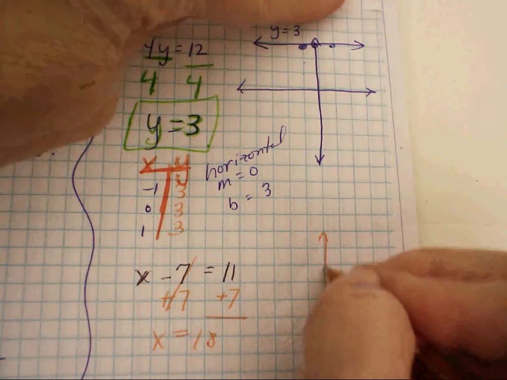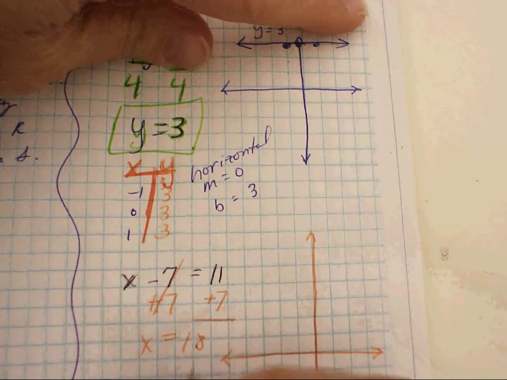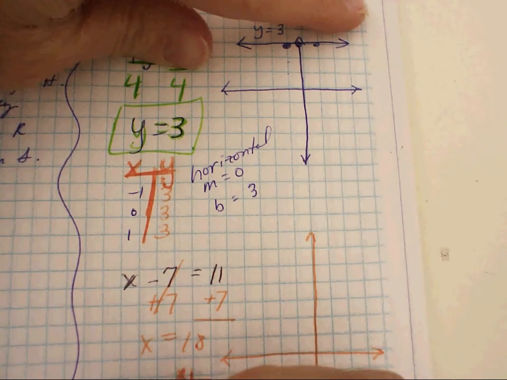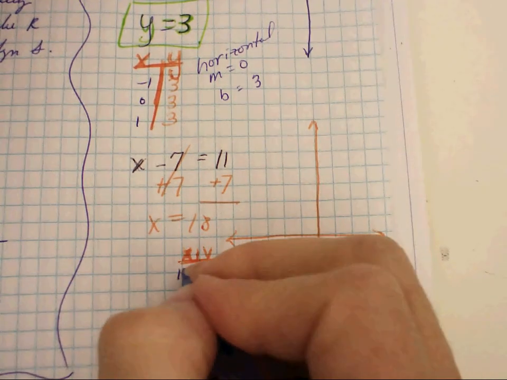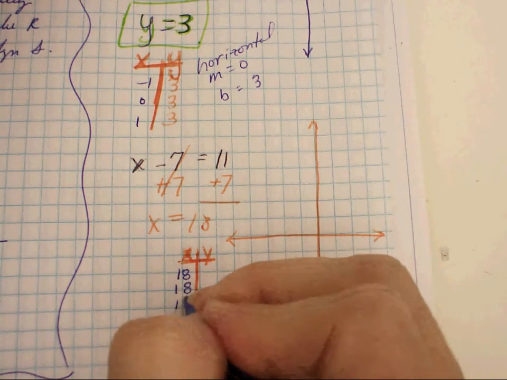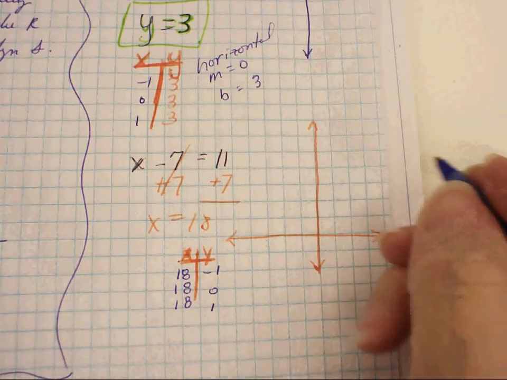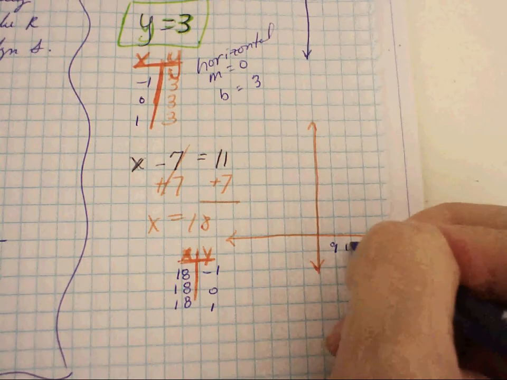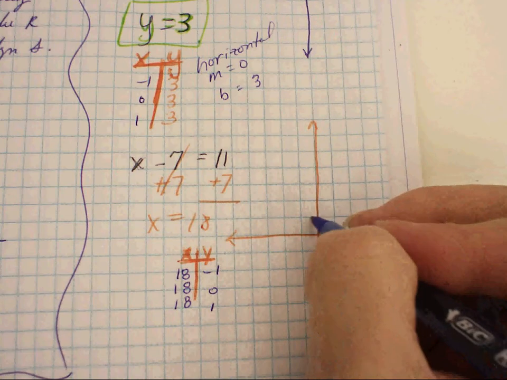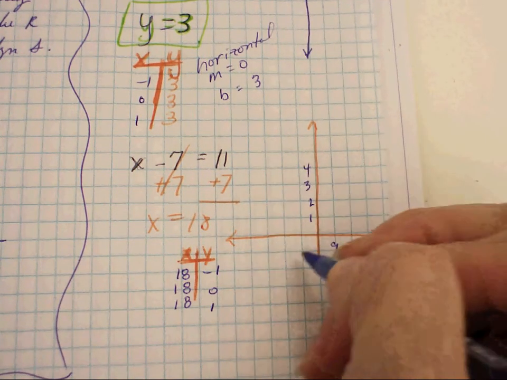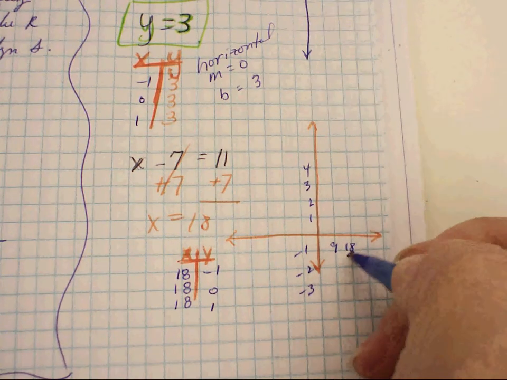How would you attack this, Hunter? Good. X equals 18. Because X is the only thing given, what has to go in the t-table everywhere you have an X? Got to be 18. So my tick marks are going to be at 9 and 18.